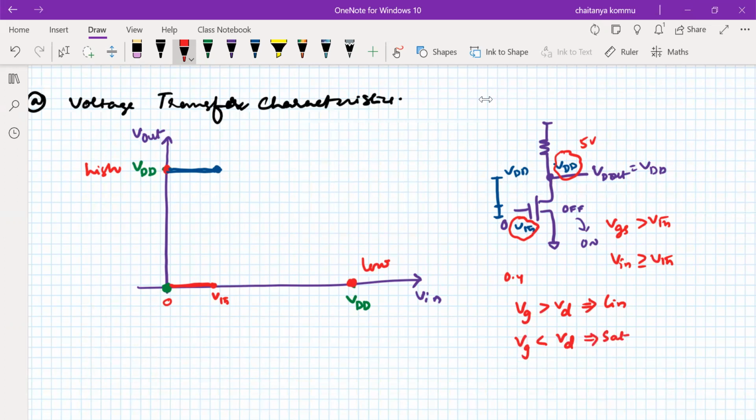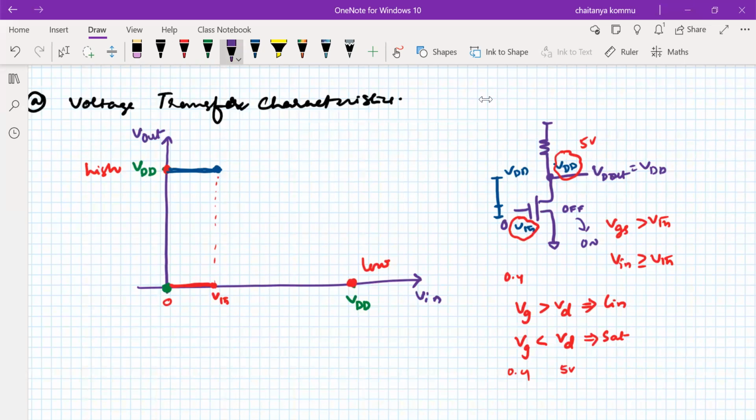So the input voltage at the gate is the threshold voltage, 0.4, and the drain is at 5 volts. 0.4 is less than 5 volts, and 5 volts is already available from before. Therefore, it is in saturation.